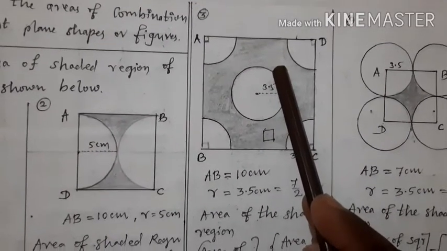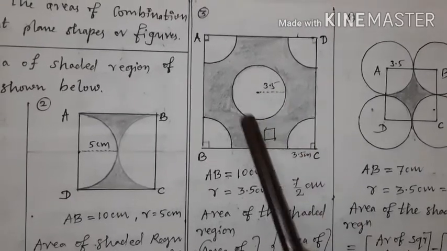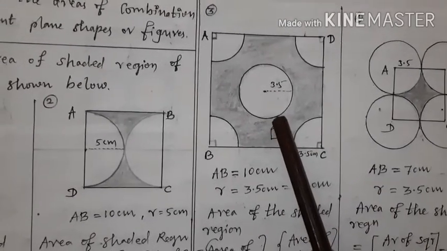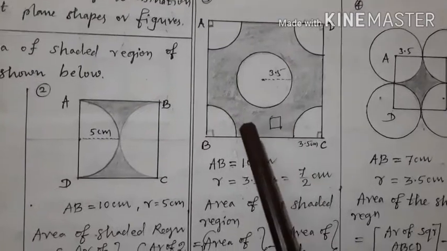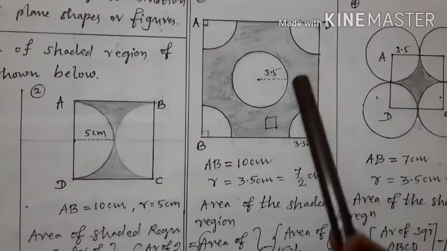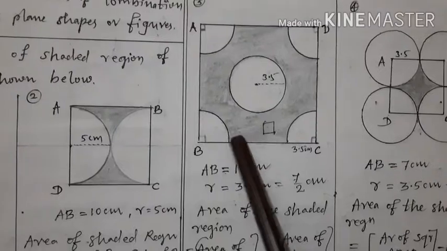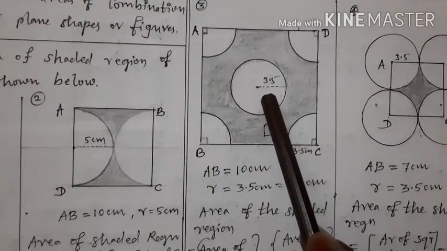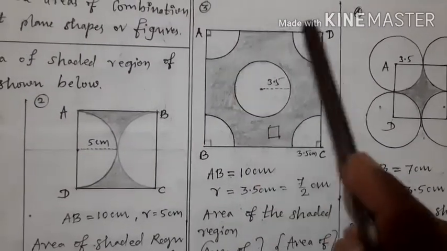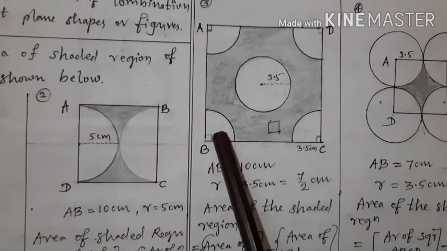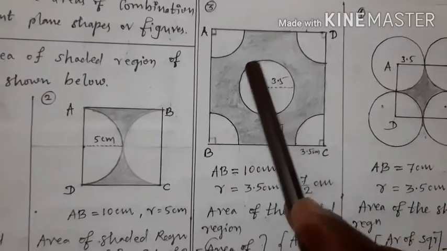We have to formulate our own formula to find out the area of this shaded region. Children, here area of square minus area of this one full circle minus area of these 4 quadrants will give us the area of the shaded region.